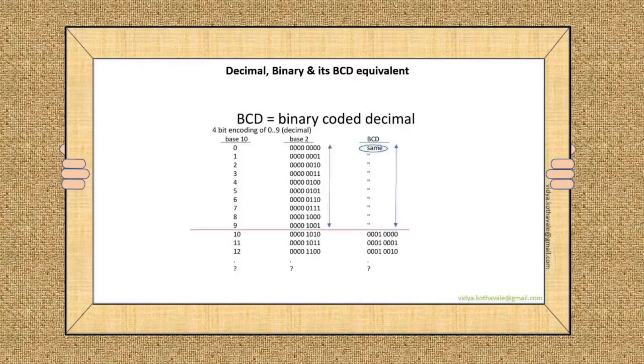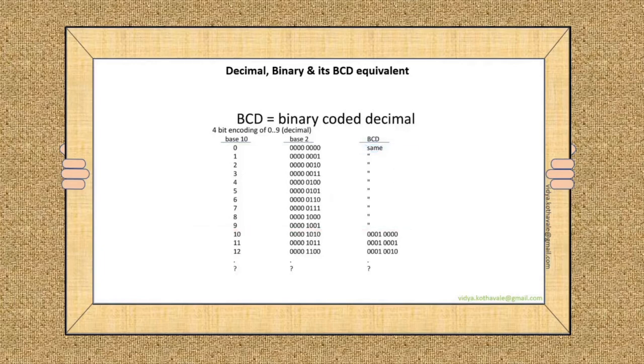The point to be noted here is that from decimal number 0 to 9, the binary equivalent and the BCD code are one and the same.